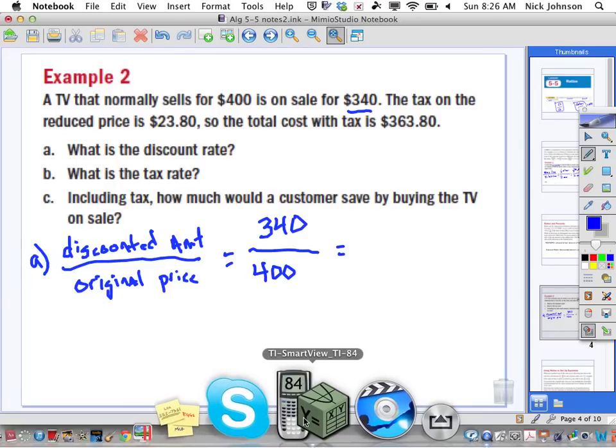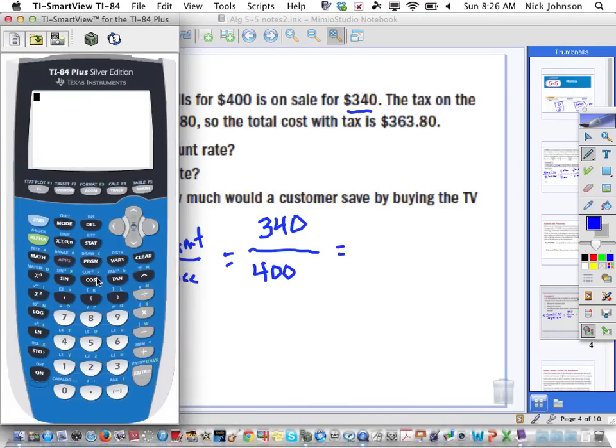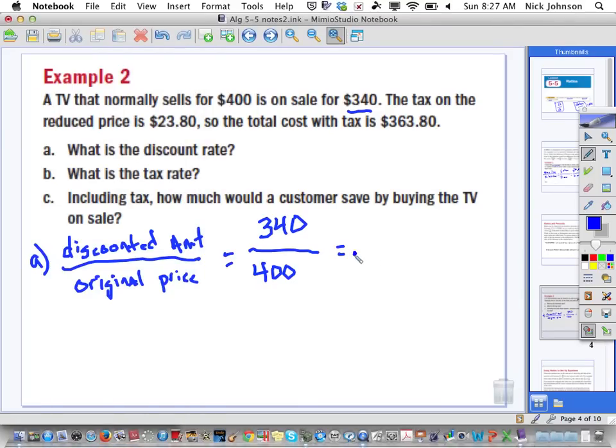You put that into your calculator, and what we're looking is to get out a percent. So we take 340 divided by 400. You hit equals, and it gives me 0.85, but that's not a percentage. To make it a percentage, you move it 2 units to the right, which then gives you 85%.